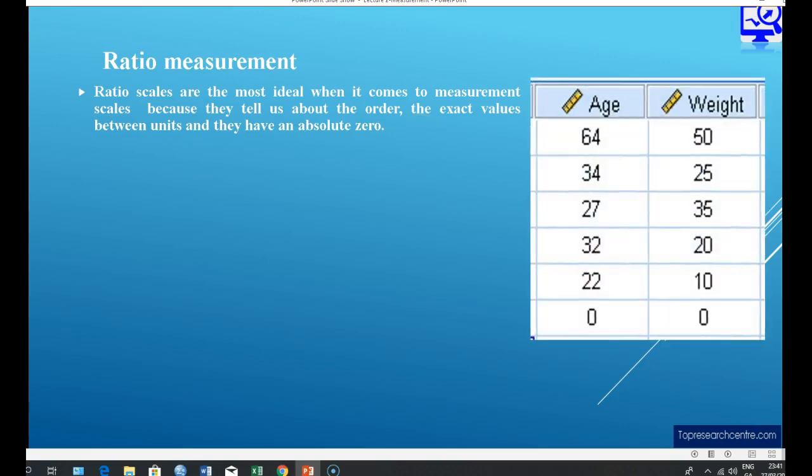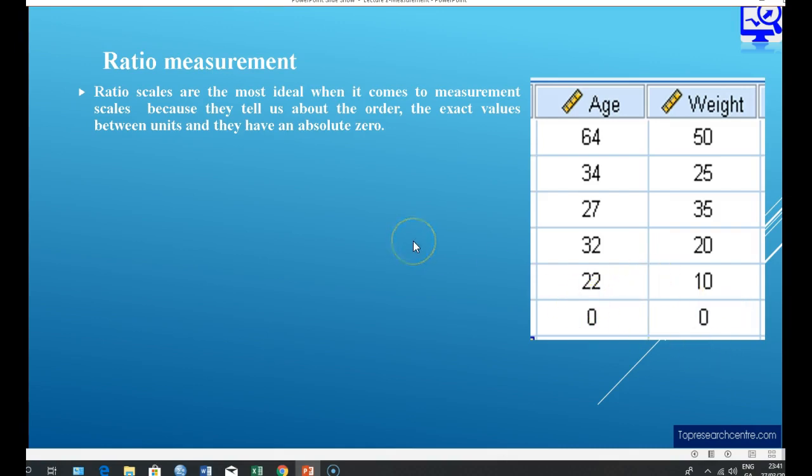For example, we have age and weight. These are typical examples of variables measured at ratio scale. We have an absolute 0. We can't talk of -0 age or -0 weight. So we have an absolute 0.